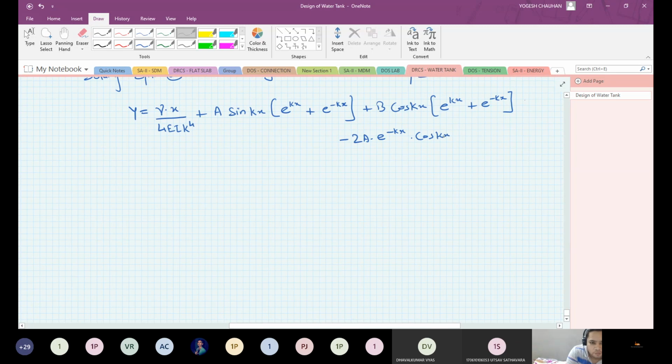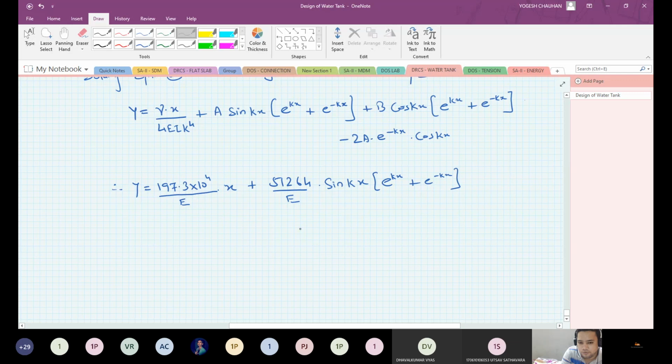So substitute the values of gamma and all. So you will get y is equals to 197.3 into 10 to the power 4 divided by e into x plus 51264, that is the value of a, divided by e into sin kx into e raised to the power kx plus e raised to the power minus kx.